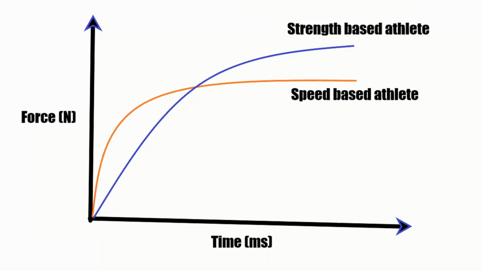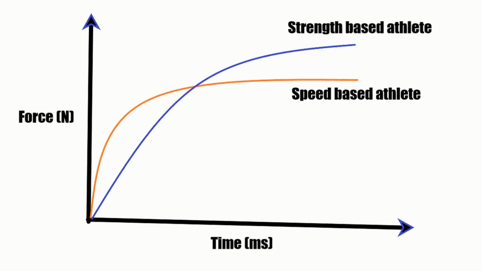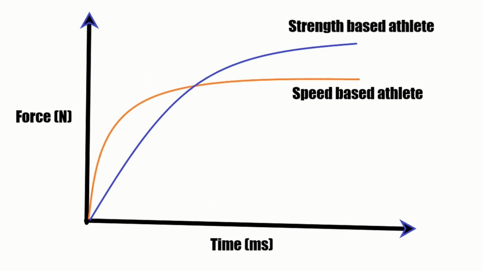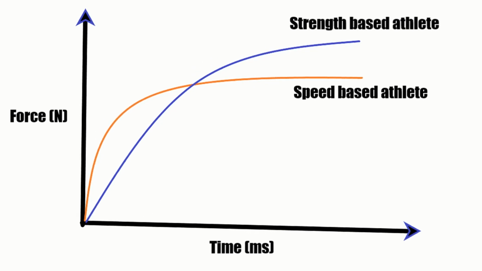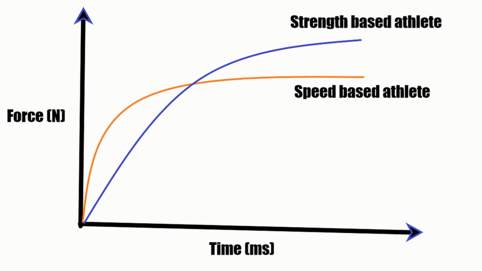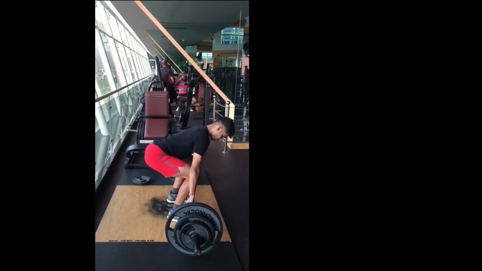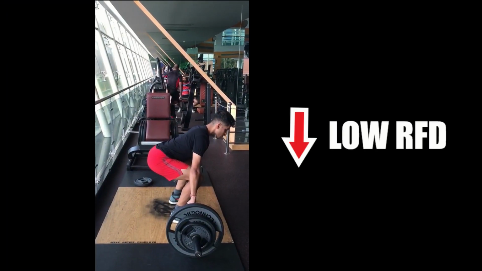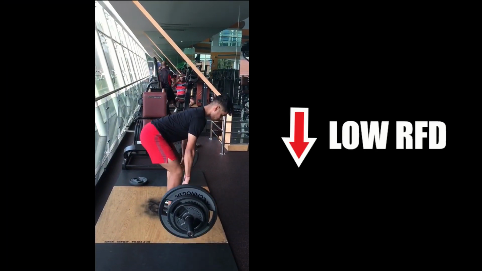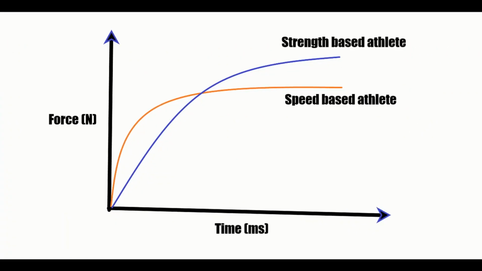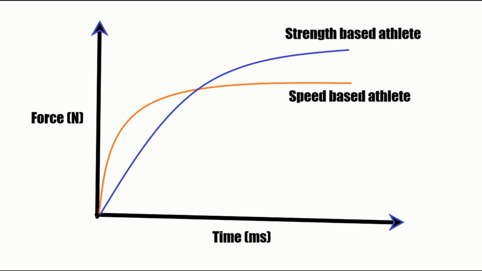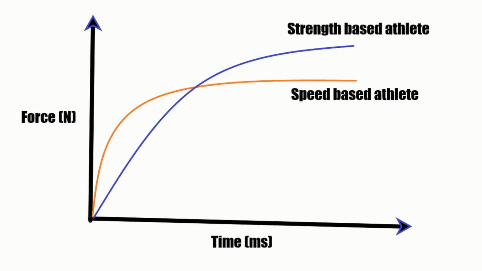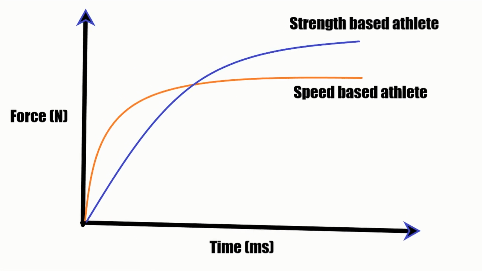The blue line is steep too, but not as steep as the orange one, so he takes quite a bit more time to reach the same amount of force as the orange athlete. Therefore, there is a clear difference in the rate of force development of the two athletes.